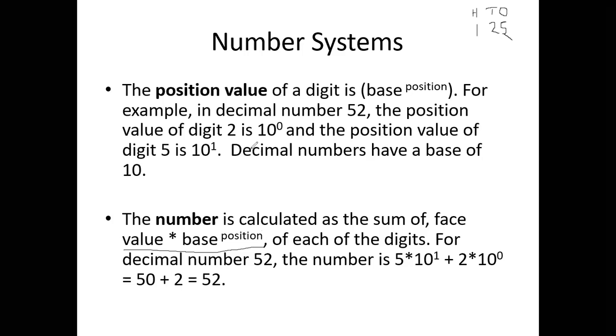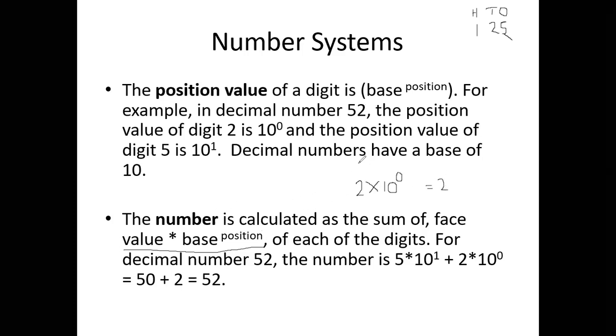For example, in a number like this one, the position value for 2 is going to be 2 multiplied by the base, which is 10, raised to the position, which is 0. So 10 raised to the power 0 is 1. 1 multiplied by 2 gives us 2.